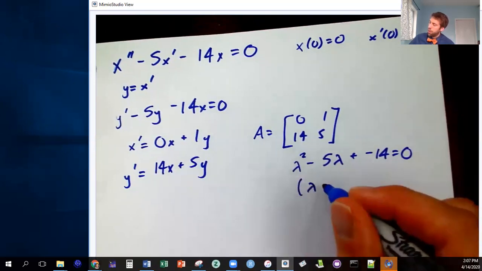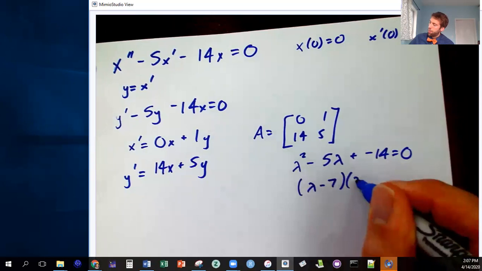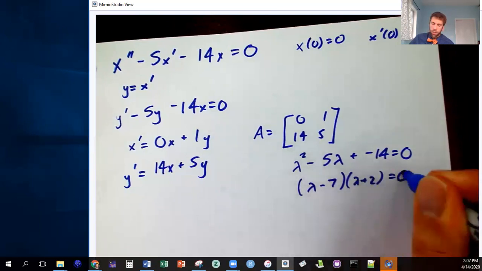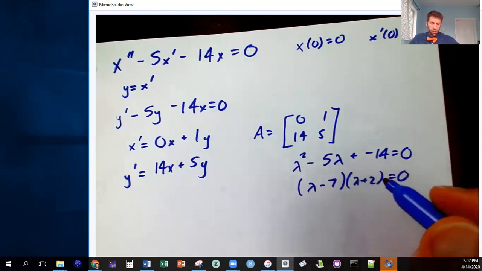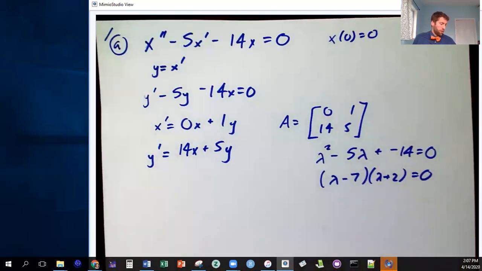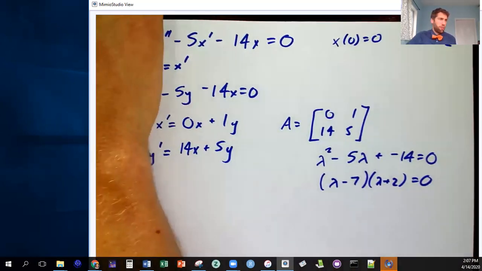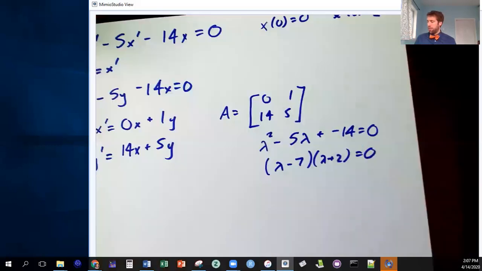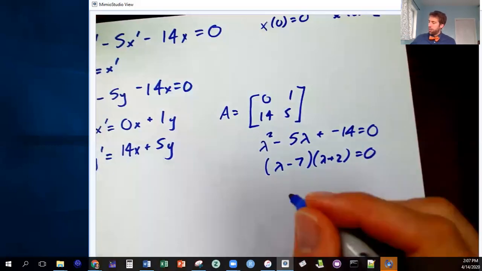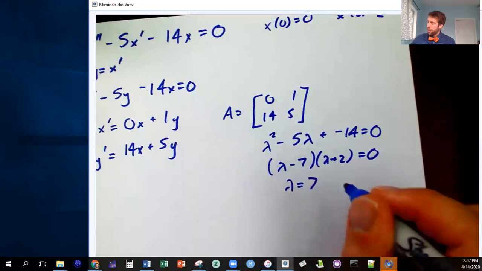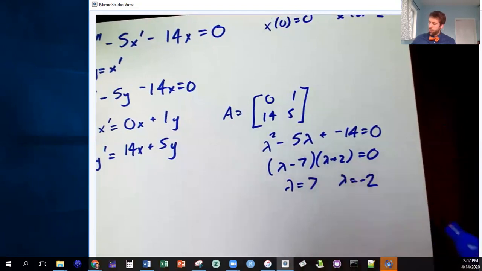So lambda minus 7 times lambda plus 2 equals 0. So we have lambda equals 7 and lambda equals negative 2.